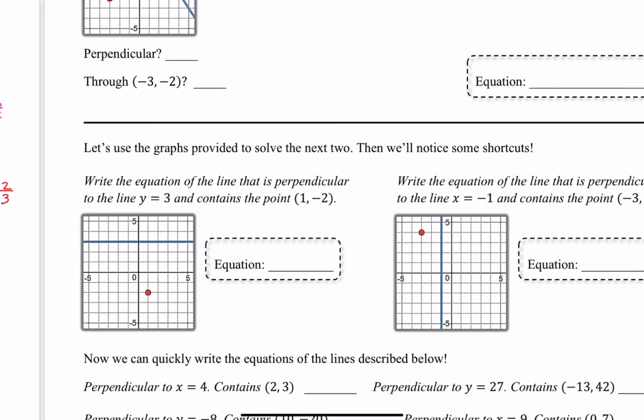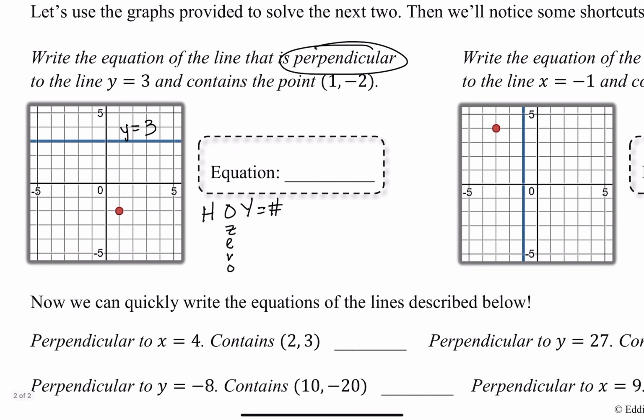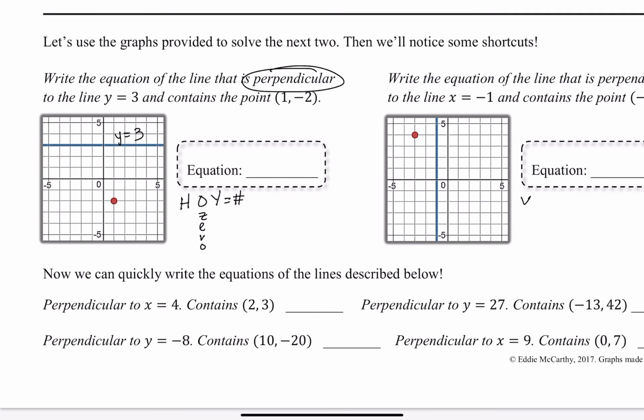Now, the last part. Again, it says perpendicular. So this is y equals 3. This is a horizontal line. It has a 0 slope, and your equation is y equals a number. The opposite of horizontal is vertical. If we're vertical, the abbreviation is VUX, which is undefined, and it's x equals a number.